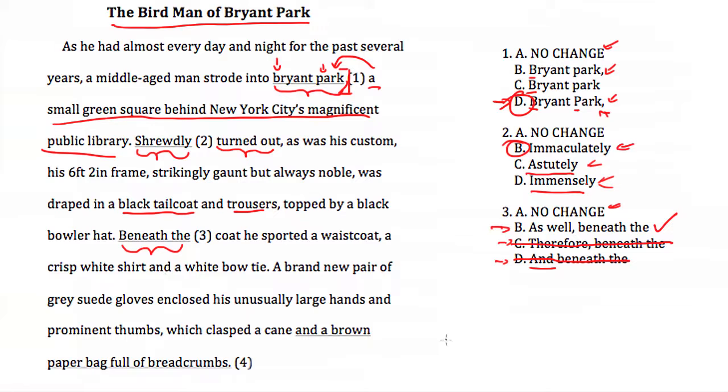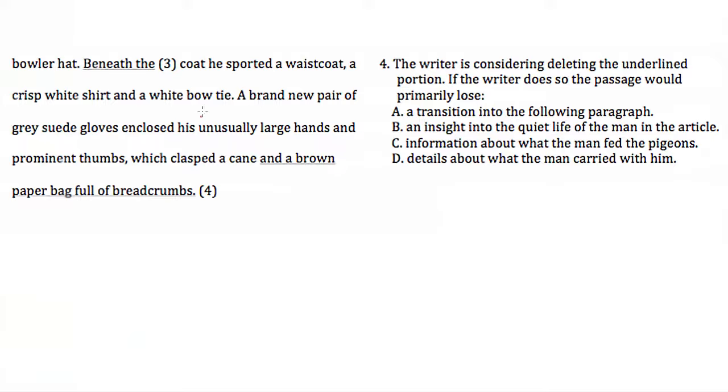When we're writing, we want to be concise. So this as well really does nothing for this sentence. So instead of choosing B, for question 3, let's choose A as our best answer. Now further on in the same sentence, question 4 can be found.